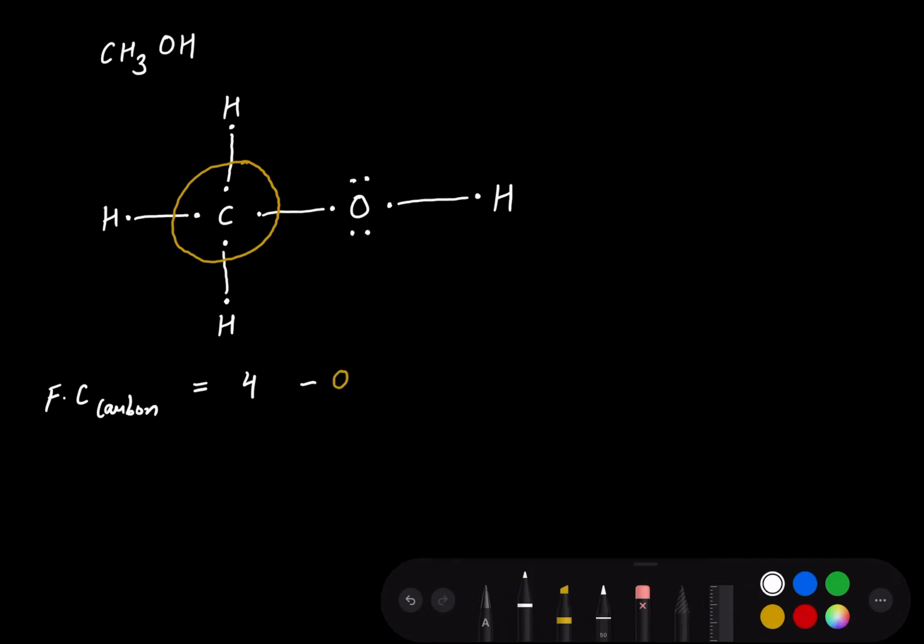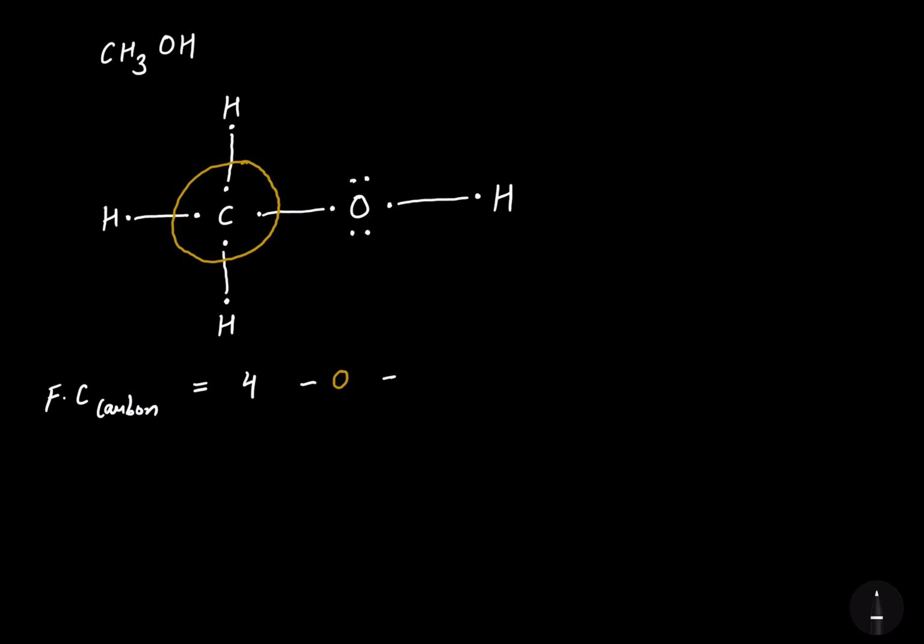After that, minus the number of bonds formed by carbon. Carbon has formed 4 covalent bonds in CH3OH: 1, 2, 3, 4. So it comes out to be 4 minus 0 minus 4, which is 0. That means carbon is neutral in CH3OH.